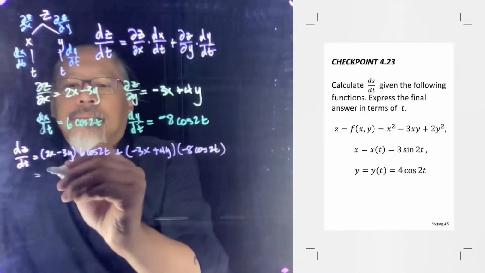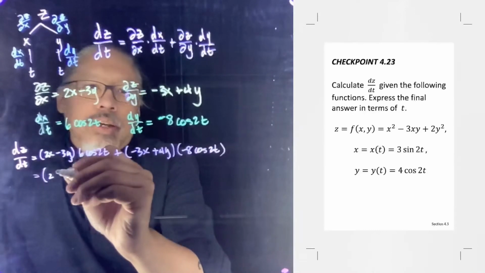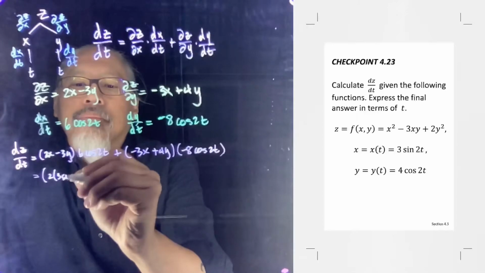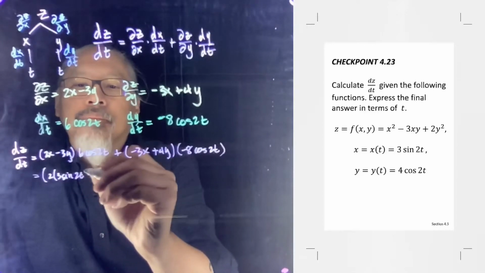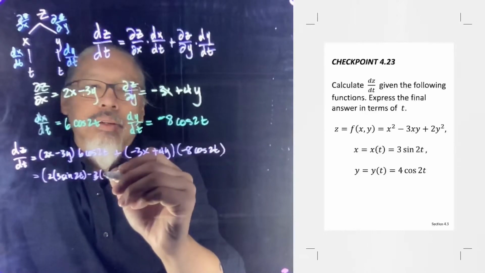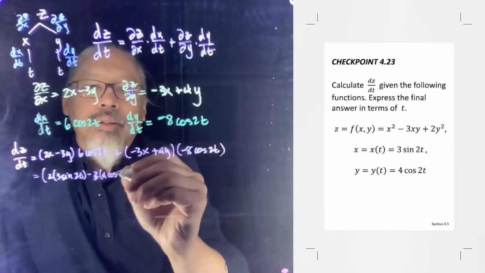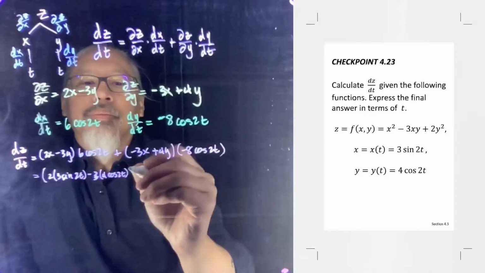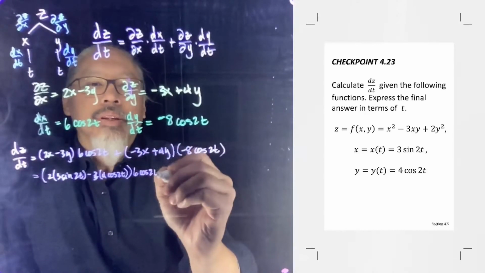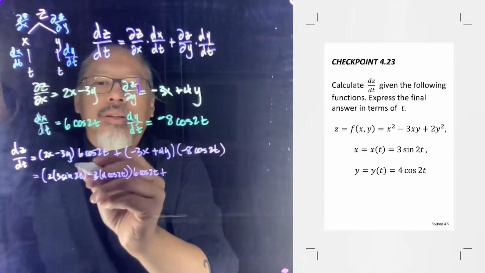So let's do that. We have 2 times 3 sine 2t minus 3 times 4 cosine 2t, times 6 cosine 2t. That's the first one.